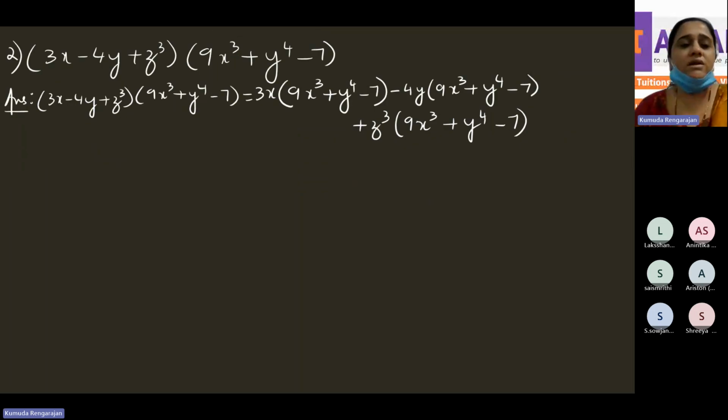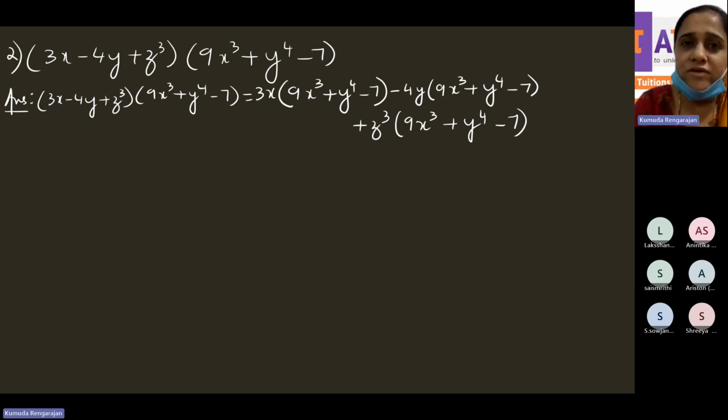Very good. Now, similarly here, trinomial into trinomial. So how did we present the first step? First term in the first bracket, 3x, multiplied by the second bracket. Then the second term, minus 4y, into the second bracket. Then the third term, plus z cubed, into the second bracket.